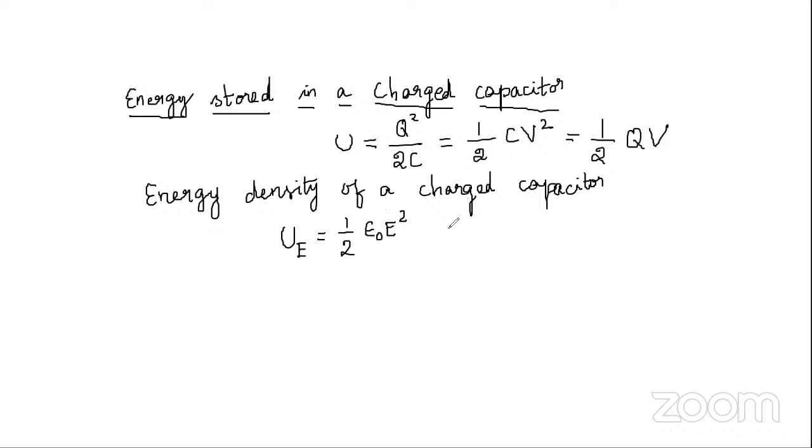Energy density is otherwise called energy per unit volume in a charged capacitor. You can use this equation as well.